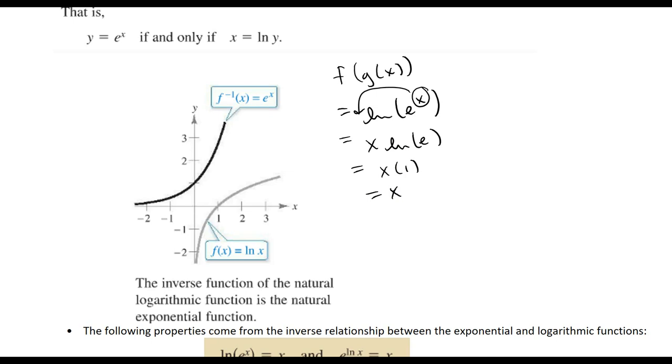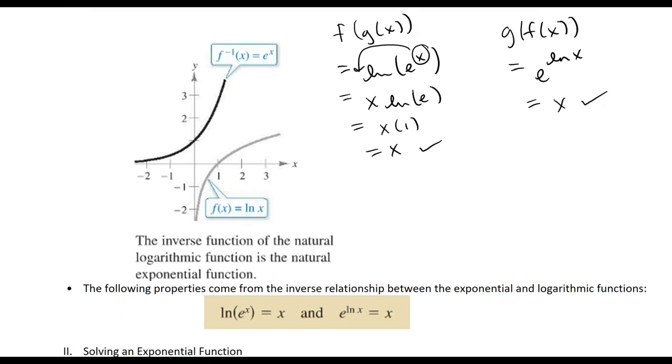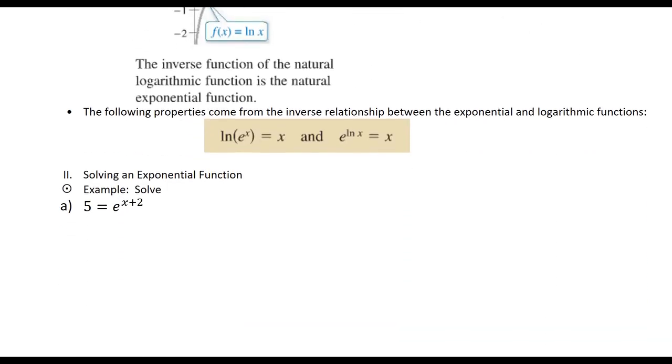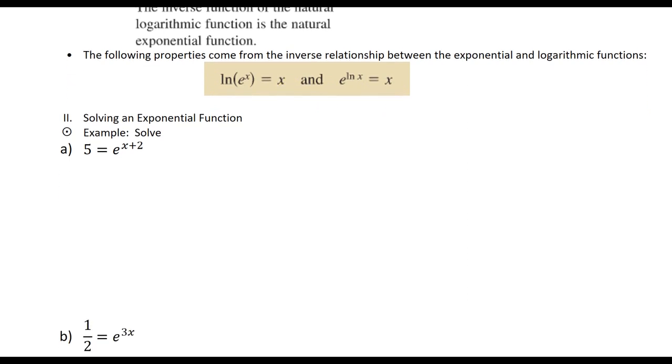So this is x. And g of f of x would be e to the natural log of x, and this also happens to be x. So based on some of the rules that we'll talk about with the natural logs, that works as well. So they are inverses of each other, and these relationships come from those relationships.